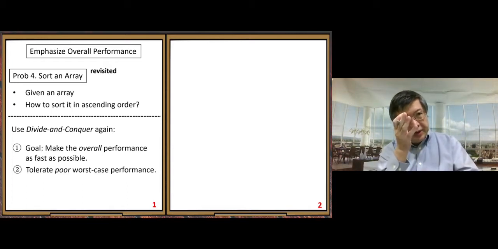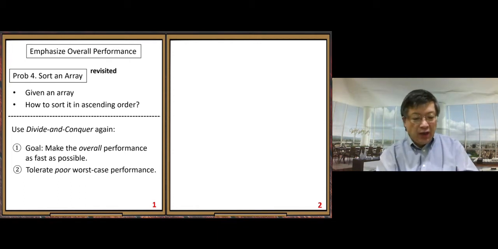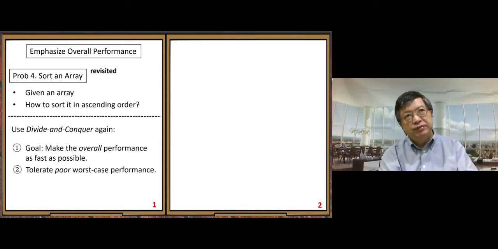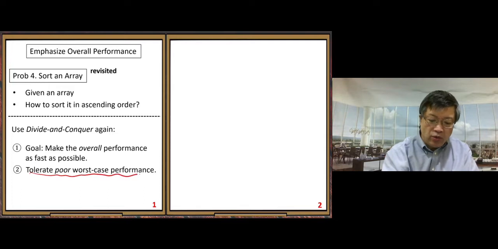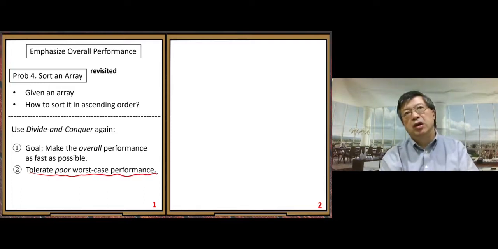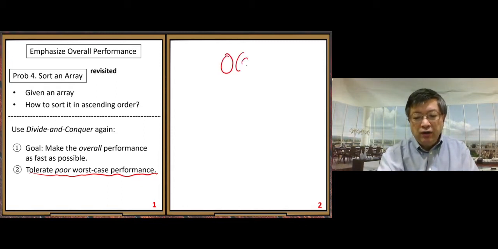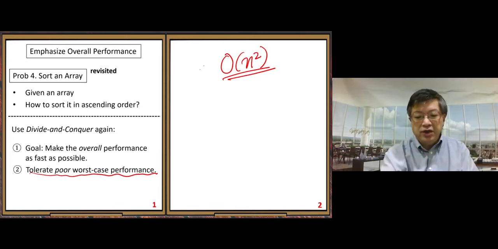In order to get the best average case performance, we can sacrifice a little bit. So you have to take some cost at the worst case, tolerating poor worst case performance. How poor? We know usually the worst case is in the n square category. For selection sort, bubble sort, and insertion sort, the worst case is in this category.